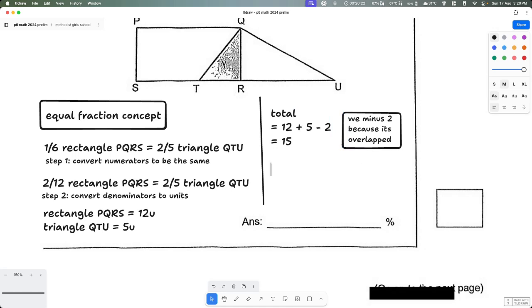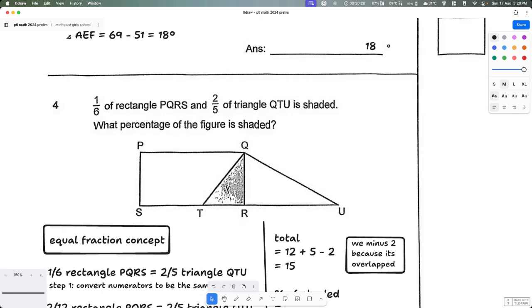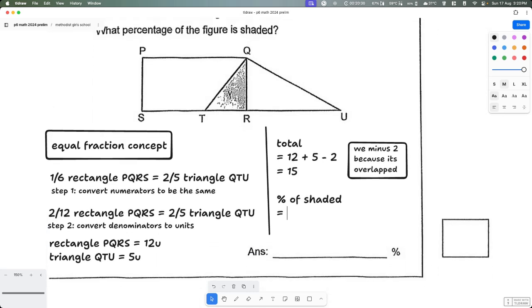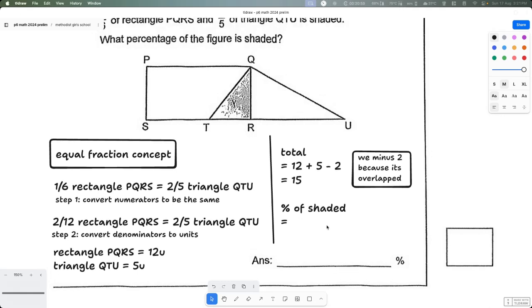So the percentage shaded, what percentage of the figure is shaded? It's basically 2 out of 15 times 100%.